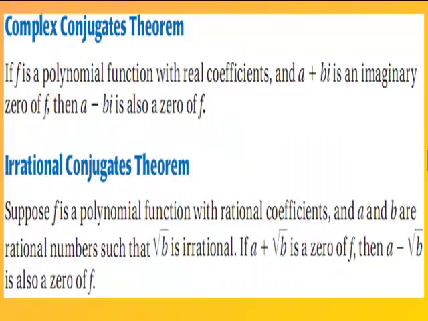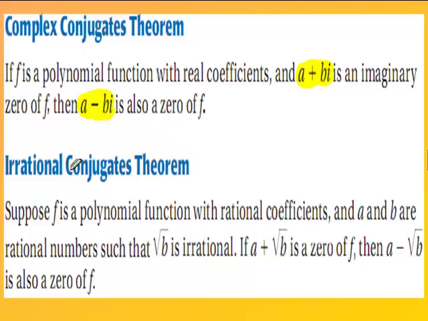Now, I'm going to introduce a couple new theorems. One is the complex conjugate theorem, and it basically states that if a polynomial function with real coefficients and a plus bi is an imaginary zero of f, then a minus bi is also a zero of f. So in other words, if you have one complex number as a solution or zero, its conjugate must be one as well.